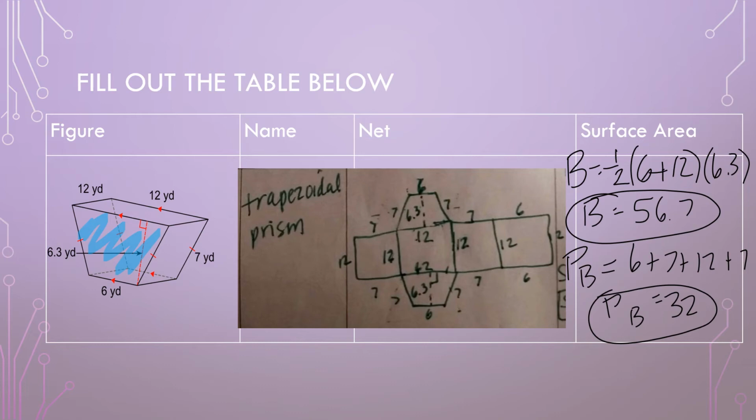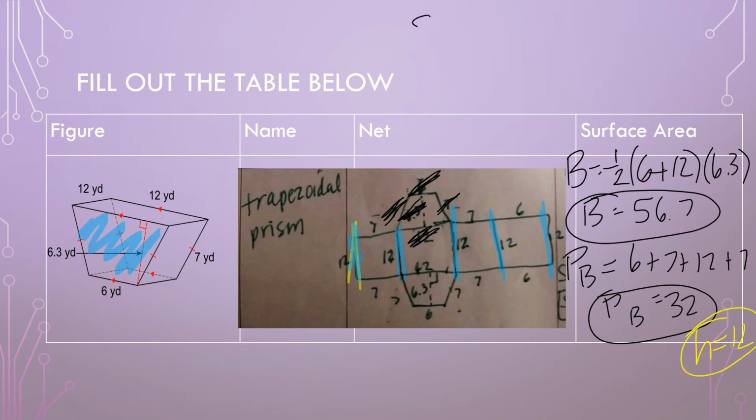We already used the 7s for my perimeter. We already used the 6, and we already used the 12 here, and we used the 6.3 here. So the other 12 is this 12 here, and that is the height of our prism. So the height is 12.